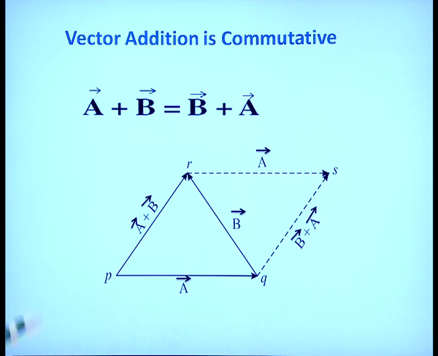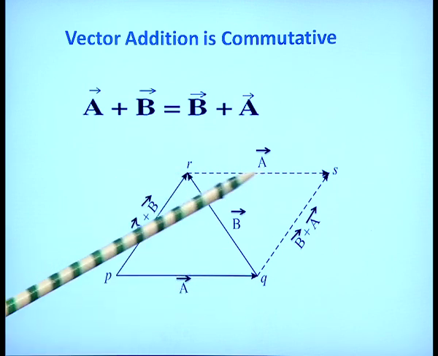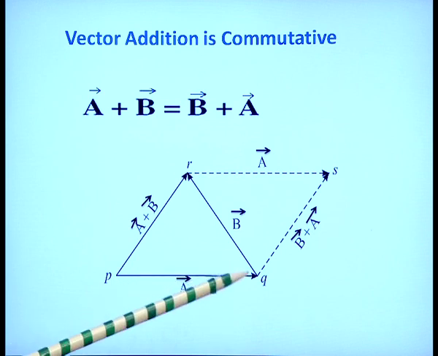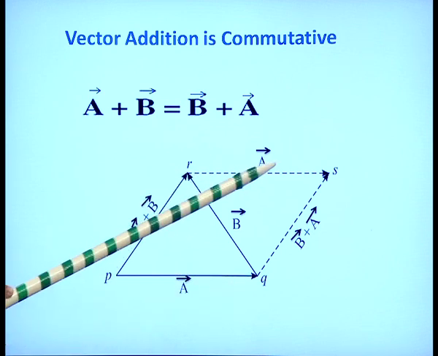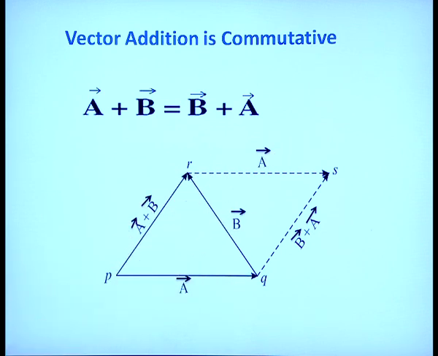Now, B plus A equals, this is B vector, which is QR, and vector A is RS, which is parallel to PQ and the direction is also the same. So, RS represents vector A. Now, in triangle QRS, QR represents B vector, RS represents A vector.